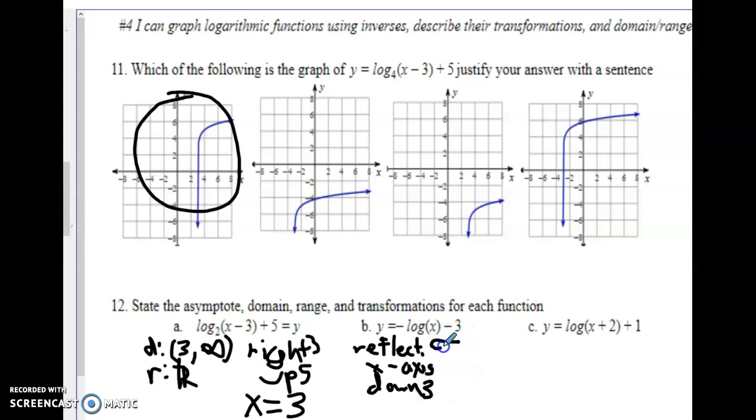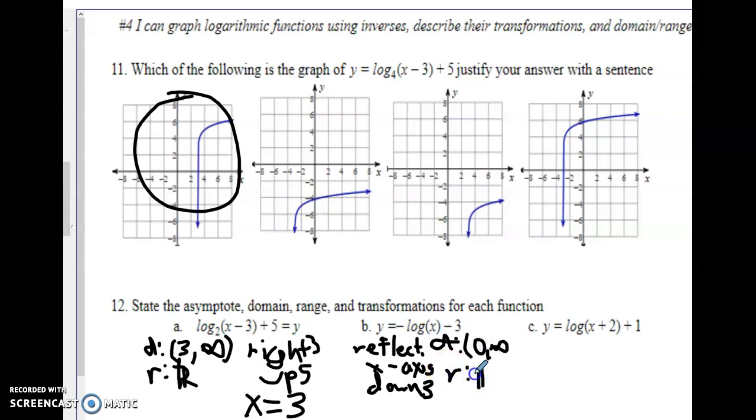So let's look at the domain. The domain, just because it was shifted across the x-axis, that's not going to do anything to the domain. It's going to flip it down. So the domain is still going to go from 0 to infinity. So the domain is not affected by the transformation.